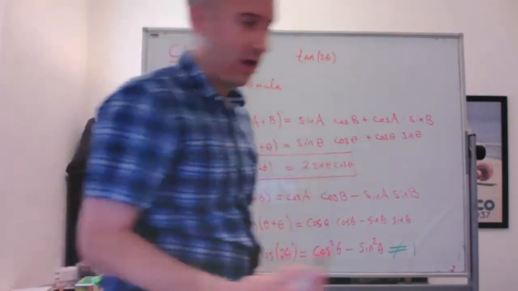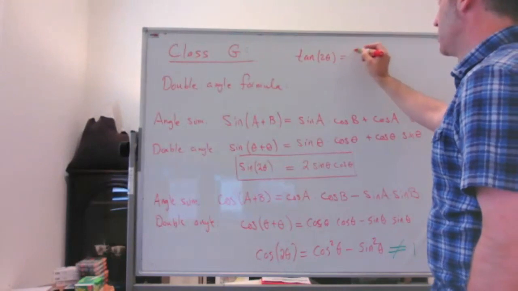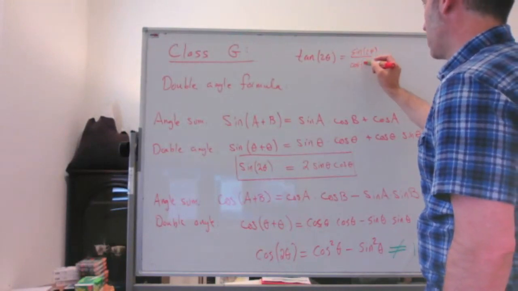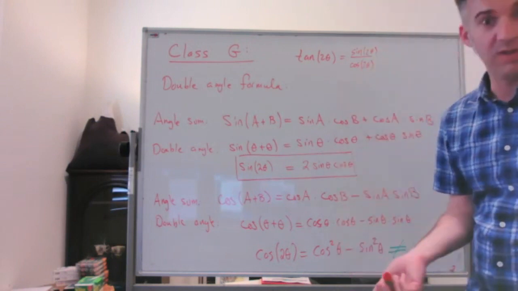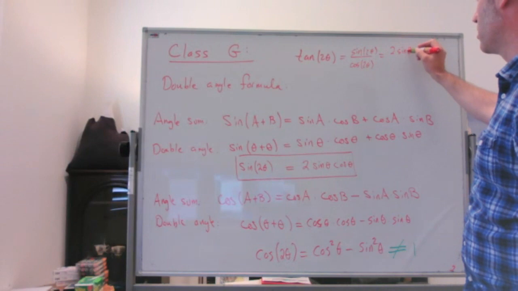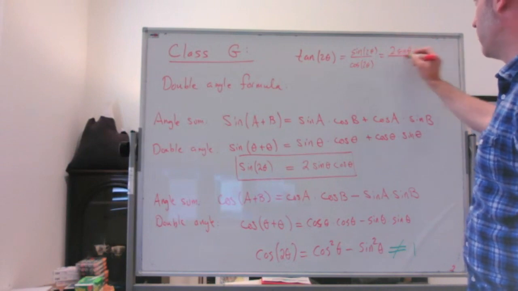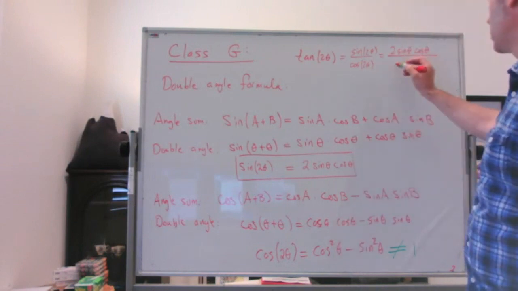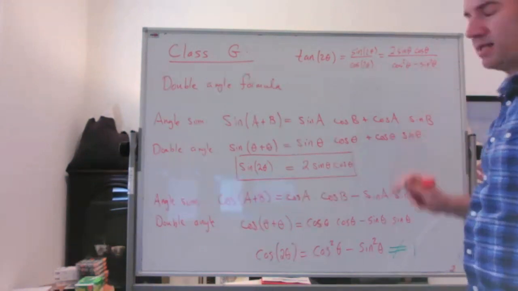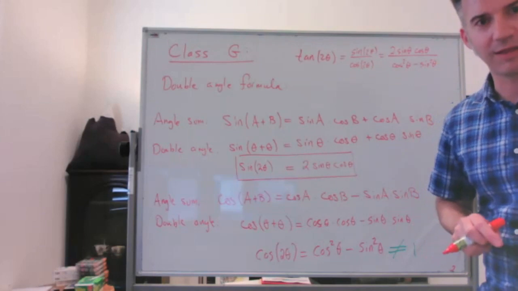I would just say, oh, it's sine of 2 theta over cosine of 2 theta. And then I would use the formulas for each of those. That's going to be 2 sine theta cosine theta divided by cosine squared theta minus sine squared theta. That's how a rational person would actually do something like that, I think.